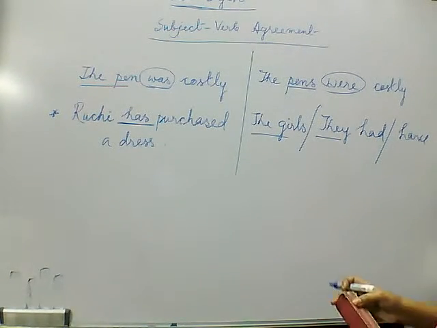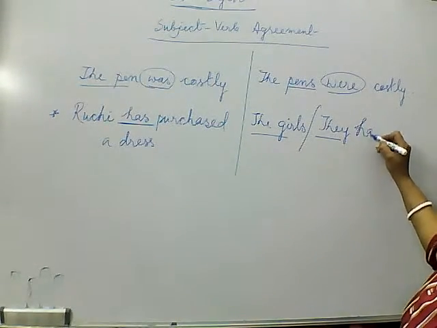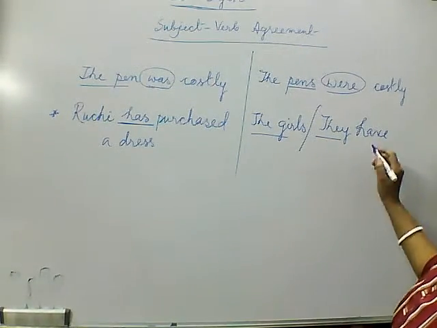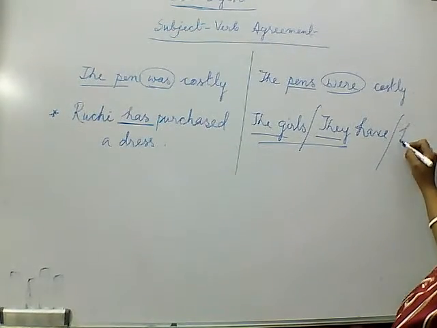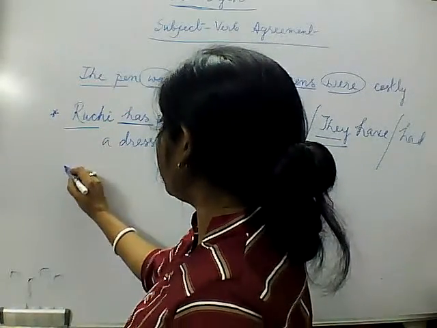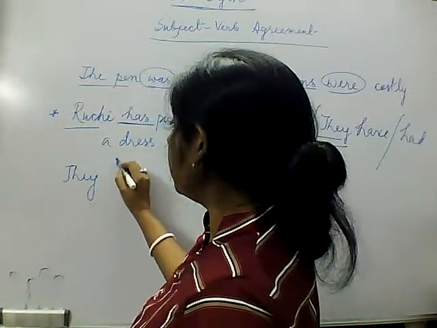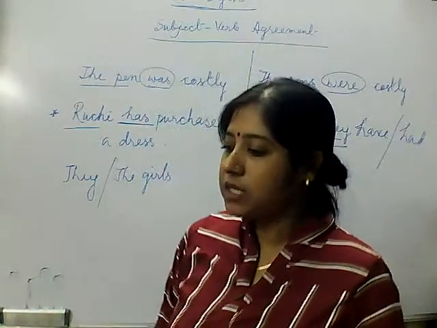Okay, let me discuss present tense. If it is present tense, we will use have. And if it is in the past tense, what will we use? They, the girls, with both we will use have. And if, instead of Ruchi, I write they or the girls, then what will it be? Just tell me.